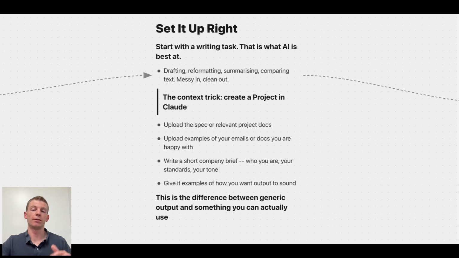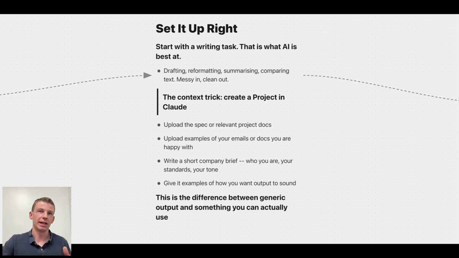You do a brain dump of exactly what you want to say. And out the back of that, you're going to get a polished-up email that not only has context on the spec, and so what you're actually asking for, but also has context on how you like your emails to be written. In that way, you'll get an output that is genuinely useful. And that is just from one task.